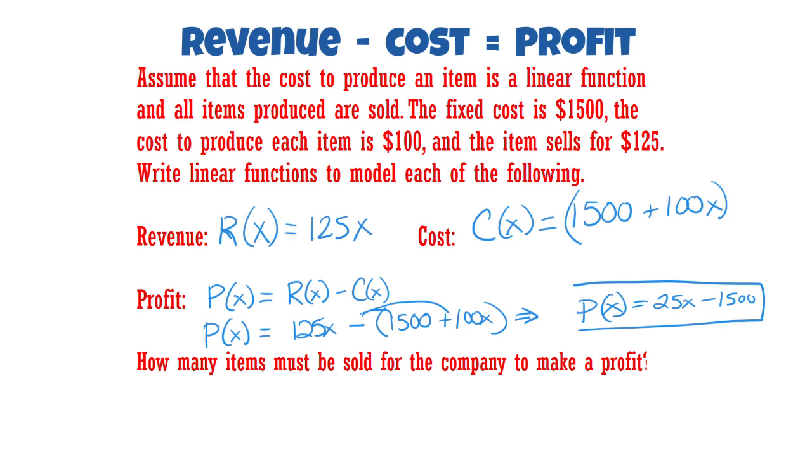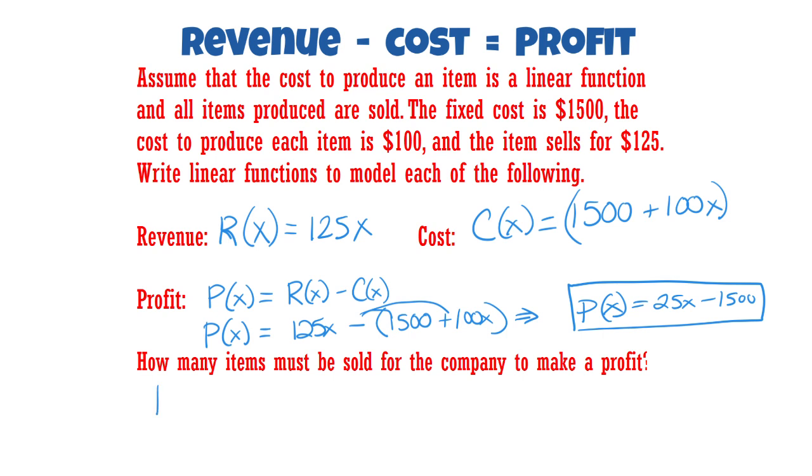Now, I know in your head you're thinking, gosh, I could have solved that 10 minutes ago. All right, it's not about solving it. We're trying to set up these functions and get familiar with how to write functions. Then you can use your profit function to answer questions.